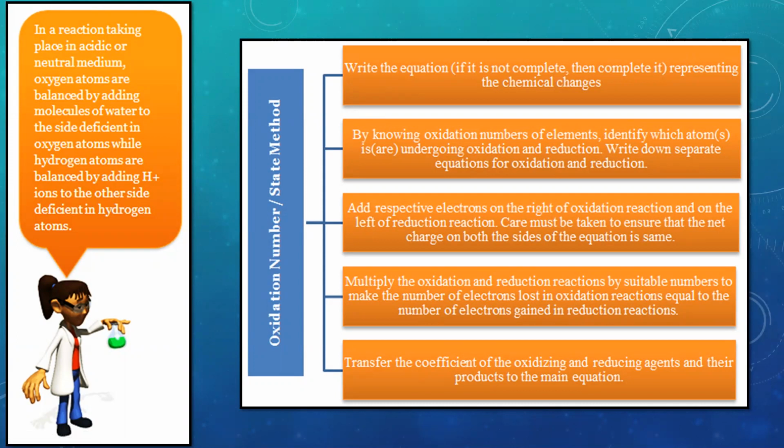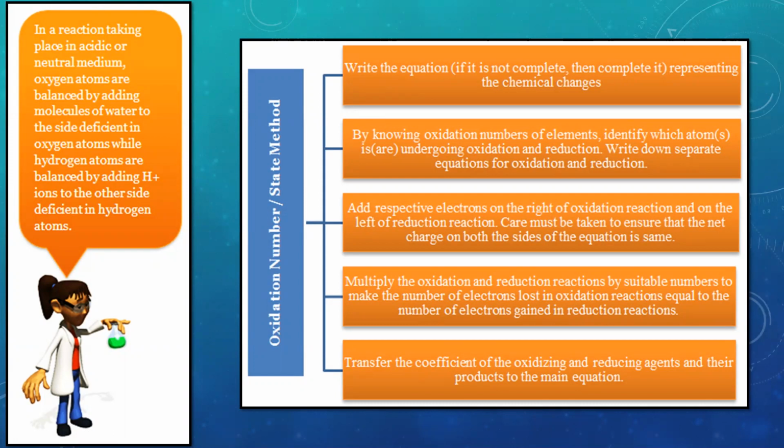After that, we need to know the oxidation numbers of the elements, moving from left to right. With that, we will come to know whether the element is undergoing oxidation or reduction.